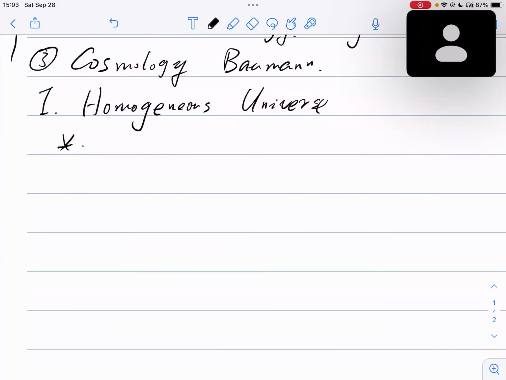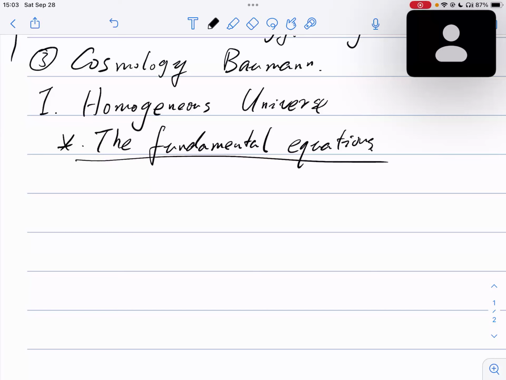The first is the fundamental equations, which we will talk about today, particularly the Friedmann equations and Boltzmann equations. The first one will govern the expansion history of the universe. The second one will describe the thermal history of this expanded universe.